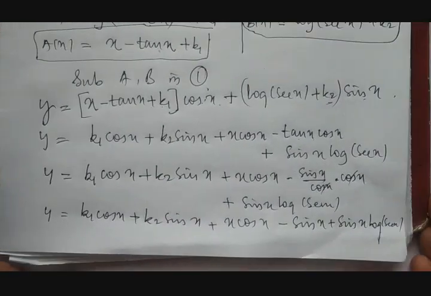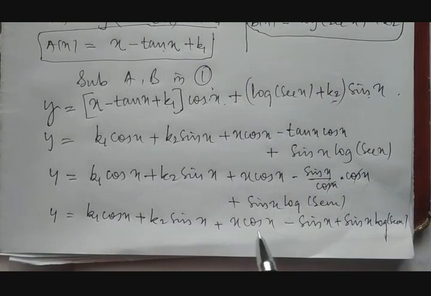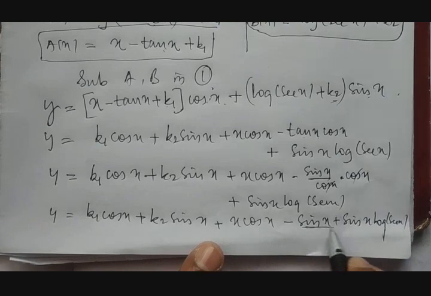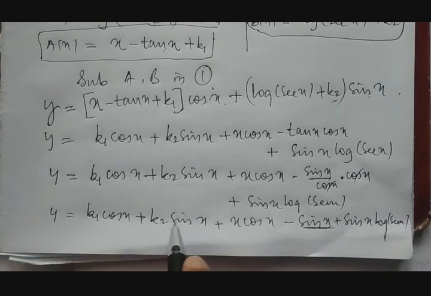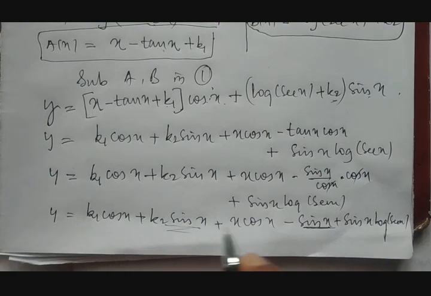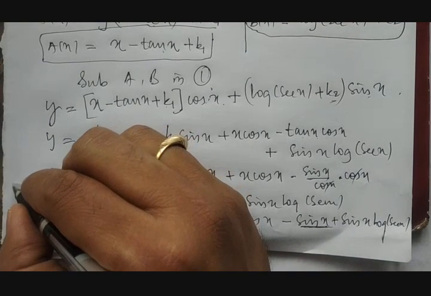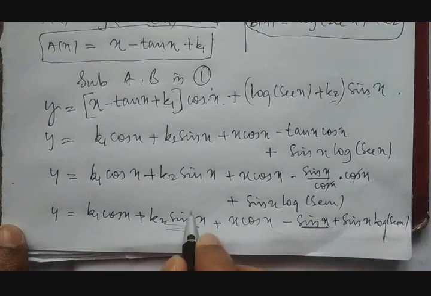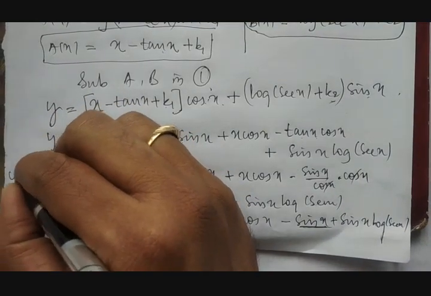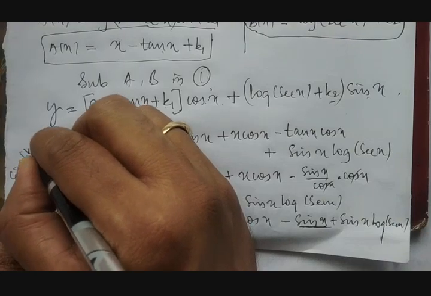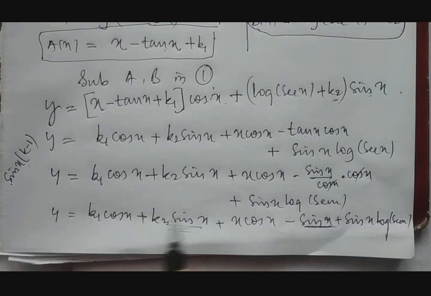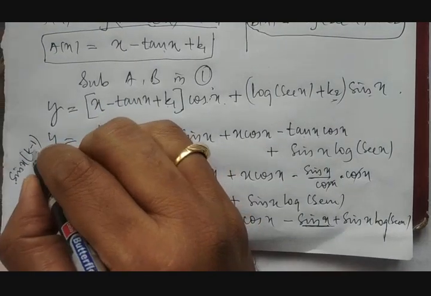But one thing we need to understand technically here, we are having sin x term. Sin x term and this sin x, if I take common term, from these two steps, then what will we be getting? Sin x common, and inside of the bracket we'll be getting k2 minus 1.